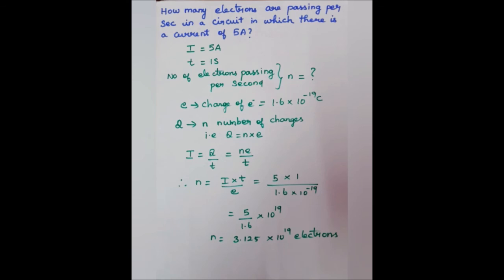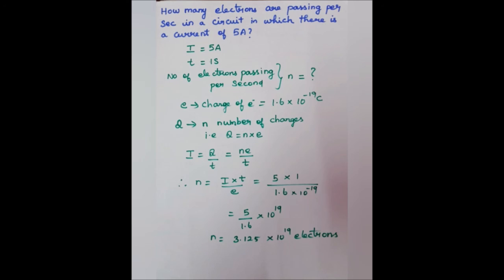How many electrons are passing per second in a circuit in which there is a current of 5 ampere? In this question, current, that is I, equals 5 A and time t equals 1 second are given as data.